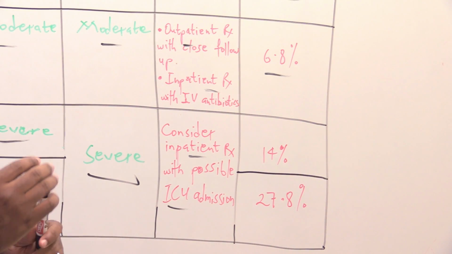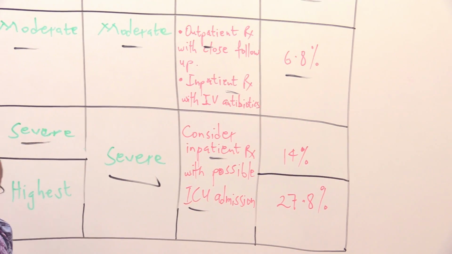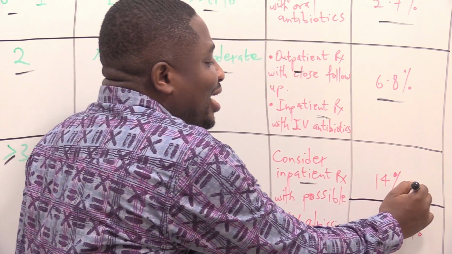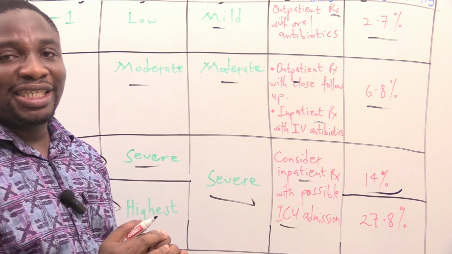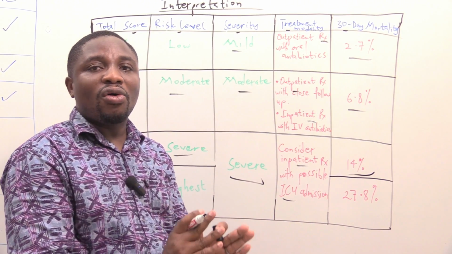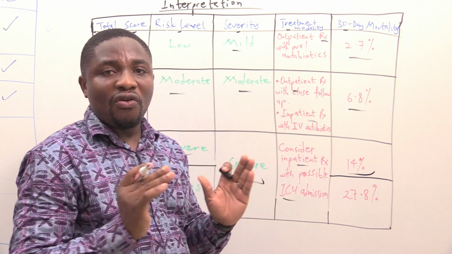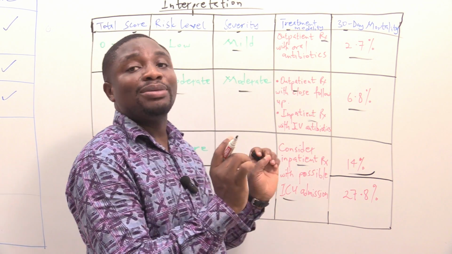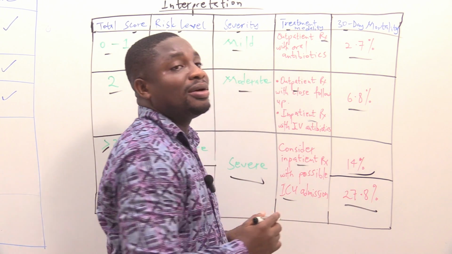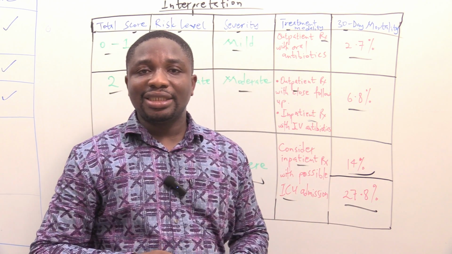If the total score is equal to 3, the 30-day mortality will be 14%. And if the CURB-65 total score is either 4 or 5, then the 30-day mortality will be the greatest. That will be 27.8%.